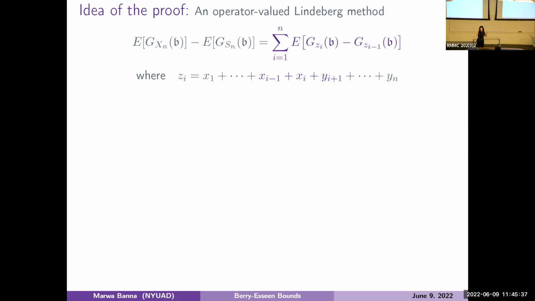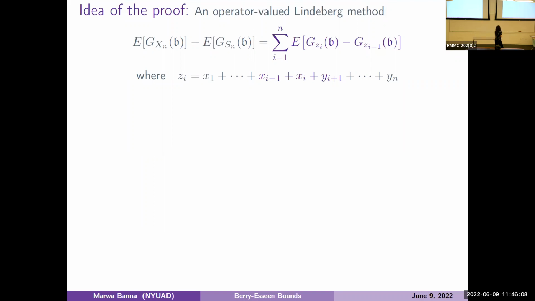At each step, we replace one element by the corresponding one, and we're going to control this error. Here I put it as n because at the end we're going to choose the y_i's in a way so that this is an operator valued semicircular. But so far these are our y_i's.